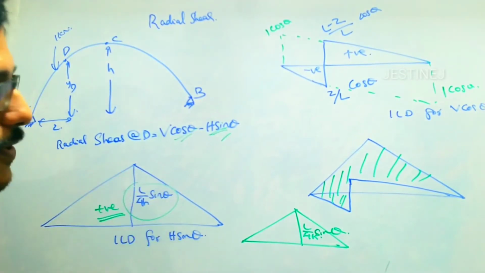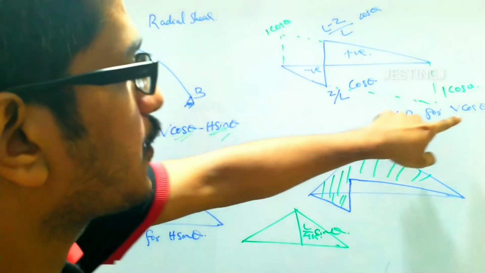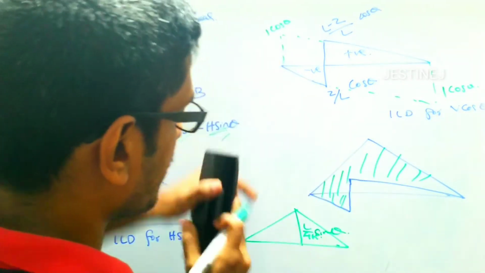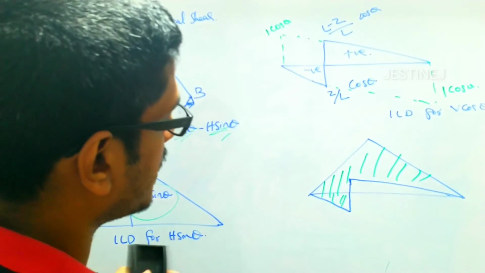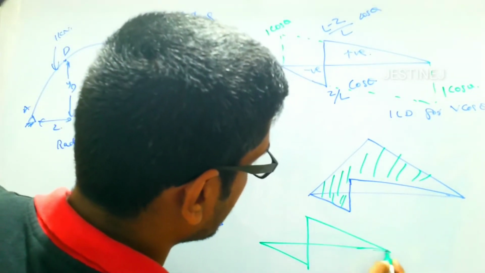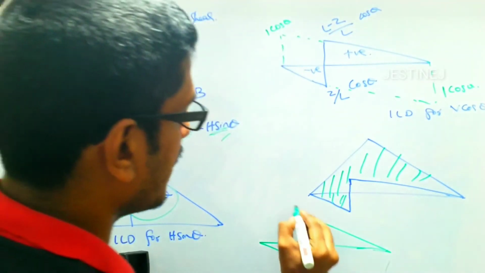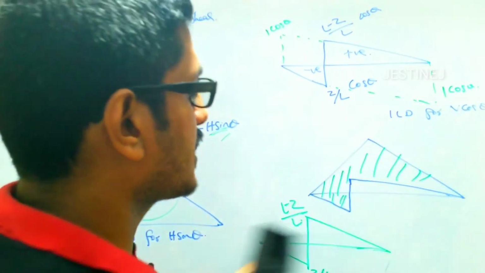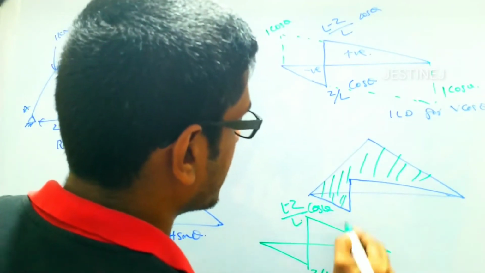In the case of V cos theta, that means shear force, the value will be in this format. We already studied this diagram, the ILD for vertical shear. Here the magnitude will be Z by L, and here L minus Z by L, and it is multiplied by cos theta, so we can multiply directly by cos theta.